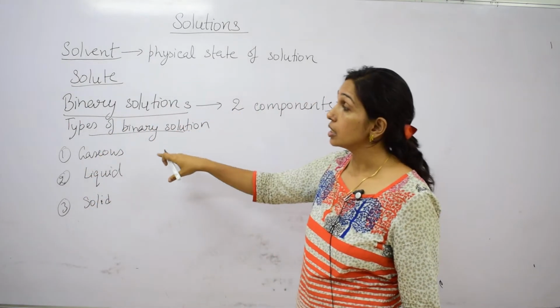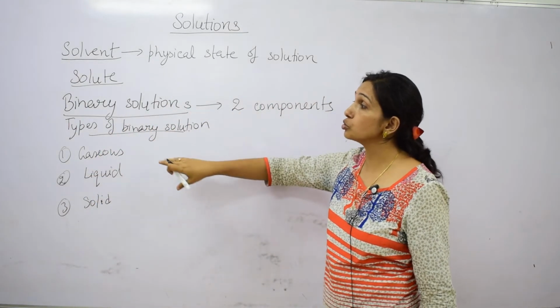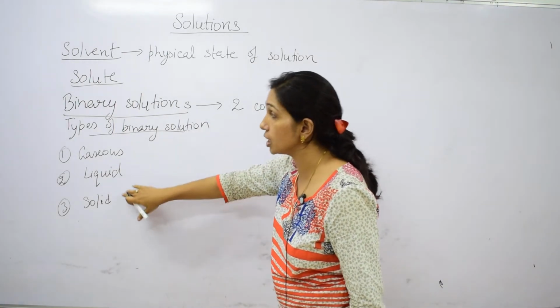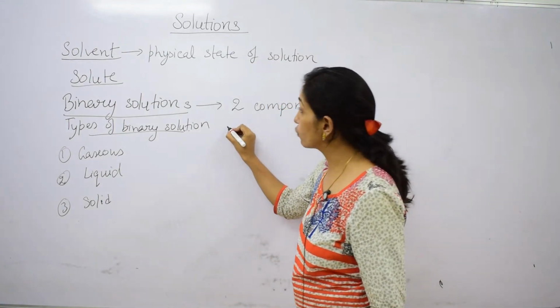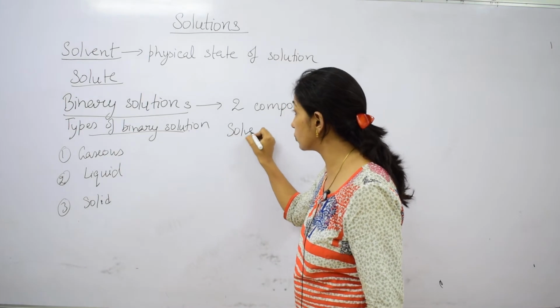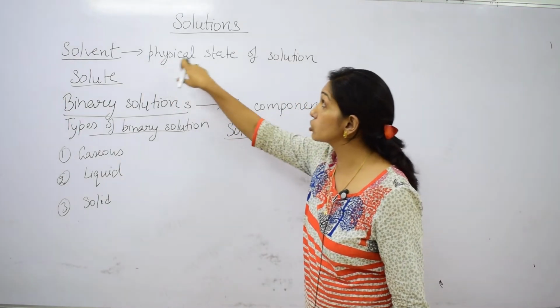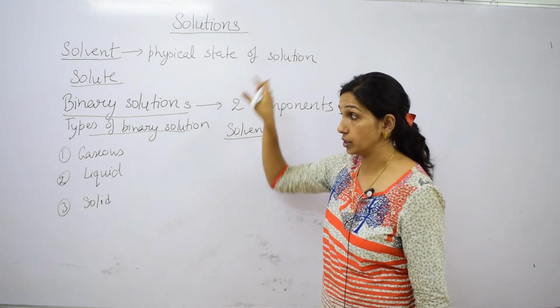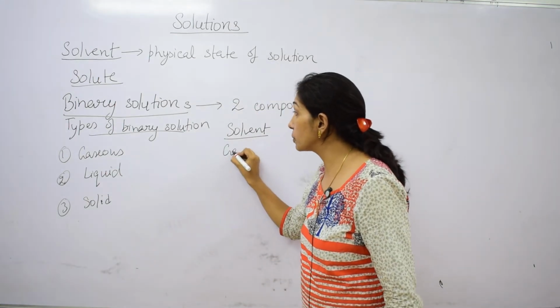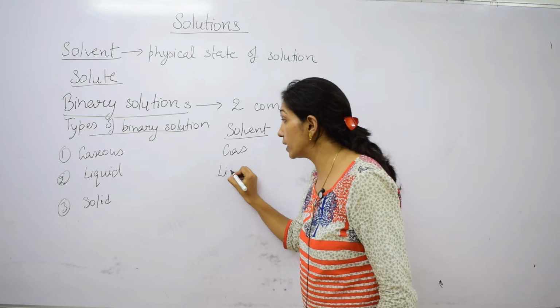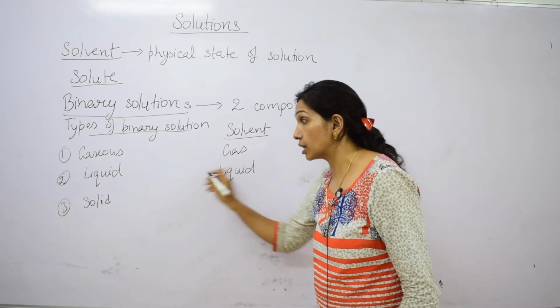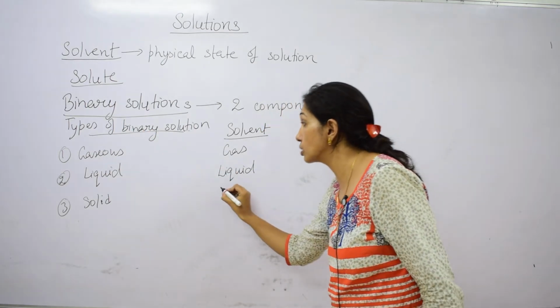As we are classifying the solution on the basis of the physical state of the solvent, the solvent only determines the physical state of the solution. So here the solvent will be a gas, here liquid, and in case of solid solutions, the solvent will be a solid.